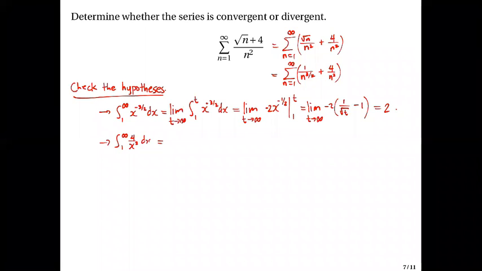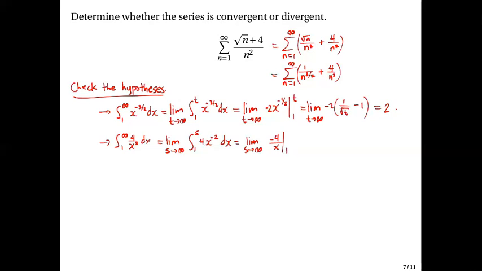This is equal to the limit as s goes to plus infinity, integral from 1 up to s, and then let me put 4 x raised to negative 2 dx.